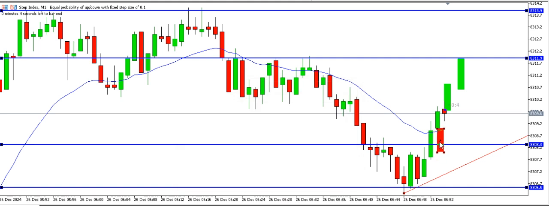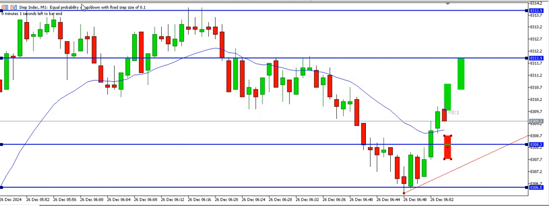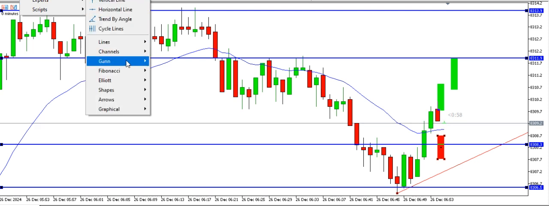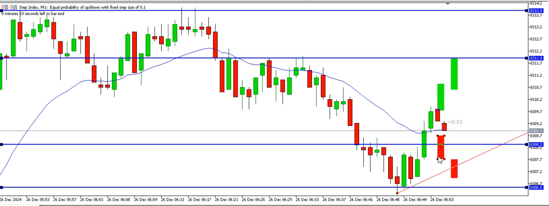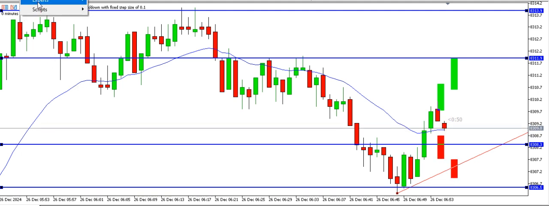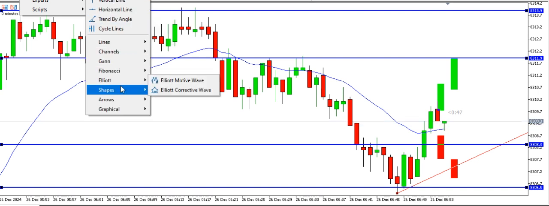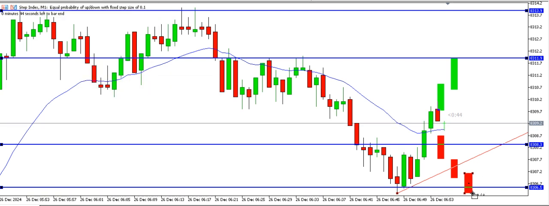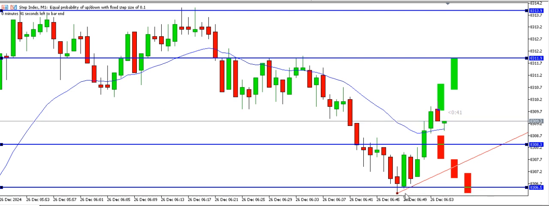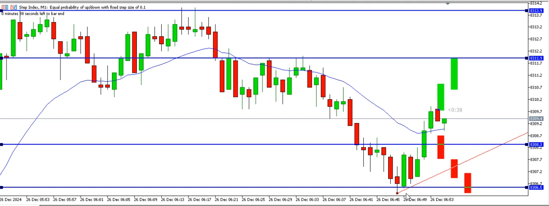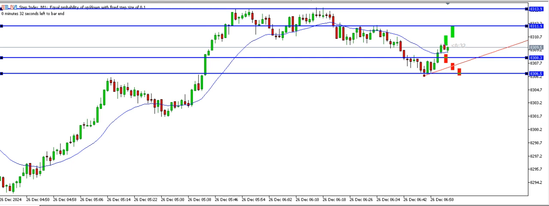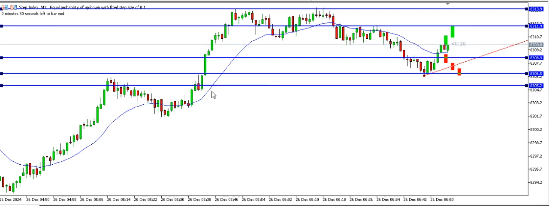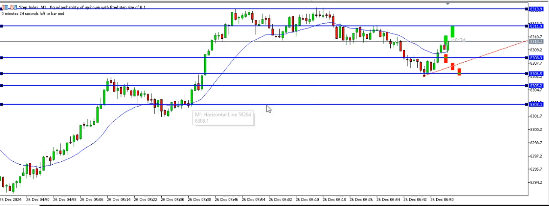See 3 clear drop below the 21 EMA. 1, 2, and possibly if I see another third one, 3, then I'll enter my sell, and that should tally with the breakout below this low. I'll enter my sell for possibly 10 points, 20 points, 30 points, or possibly target this other block as my take profit.